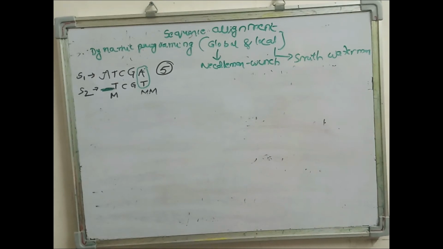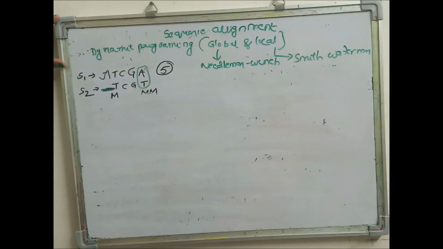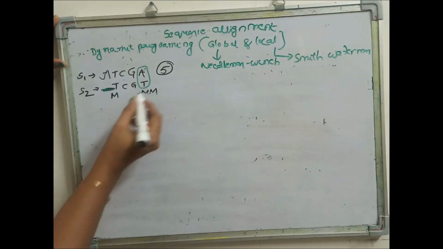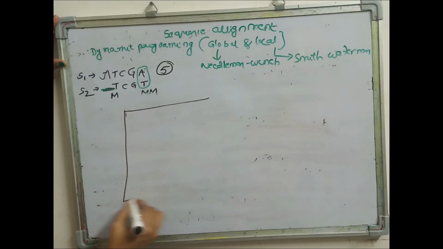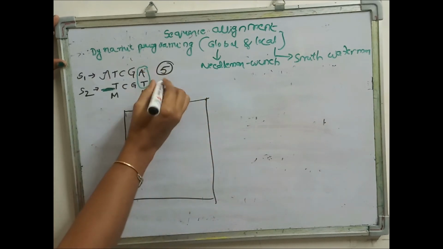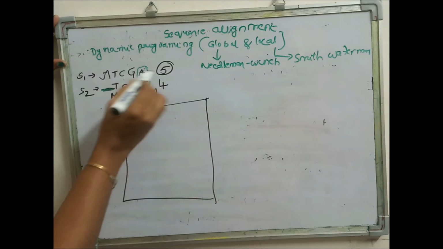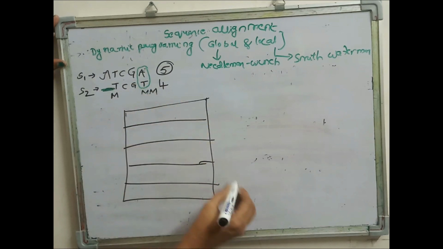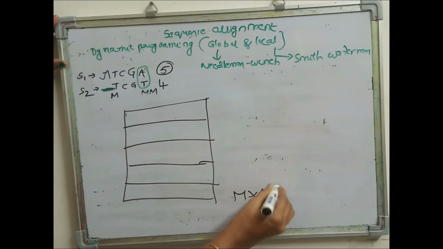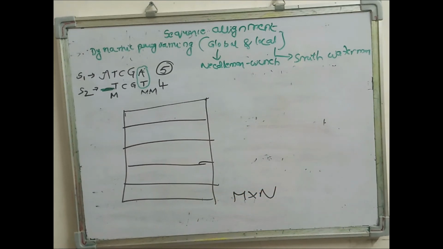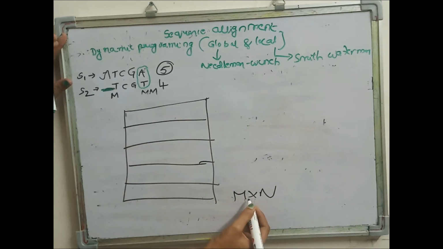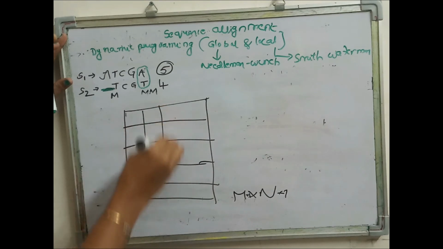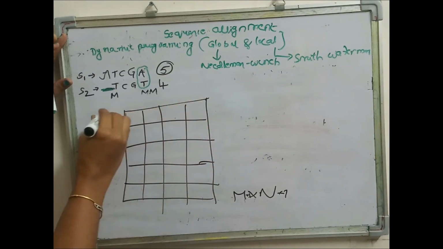The first step in the global alignment dynamic program is to create an m by n matrix. Here, this is 5 and this is 4. For an m by n matrix, you should have an m plus 1 by n plus 1 matrix, that means 6 by 5.